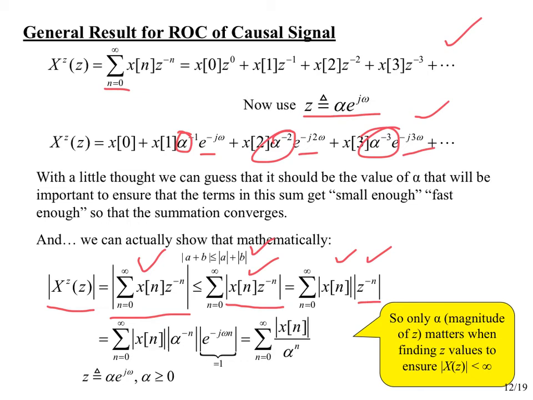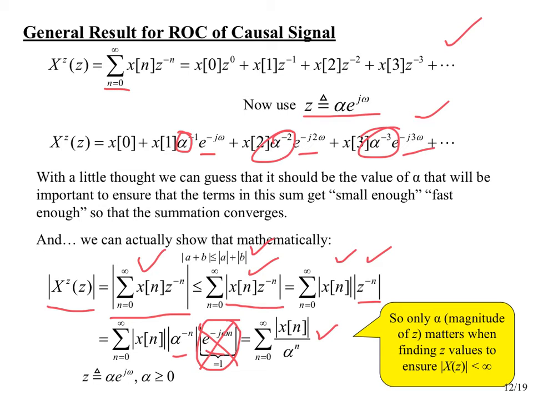Then we use the fact that we can write z in terms of its polar form and break this down into these two things, where we recognize that that magnitude is just equal to 1, and so we can eliminate that. Now we get something that looks like this, where for convenience we've taken the alpha to the minus n and put it down in the denominator as alpha to the n.